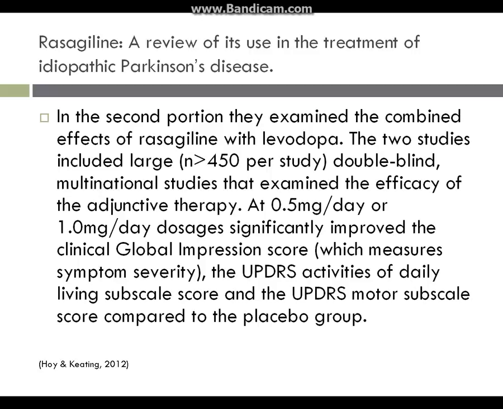So at 0.5 milligrams a day or 1.0 milligrams a day, the dosages significantly improved the clinical global impression score, which measures symptom severity, the UPDRS Activities of Daily Living subscale score, and the UPDRS Motor subscale score compared to the placebo group. So it improved those as well.